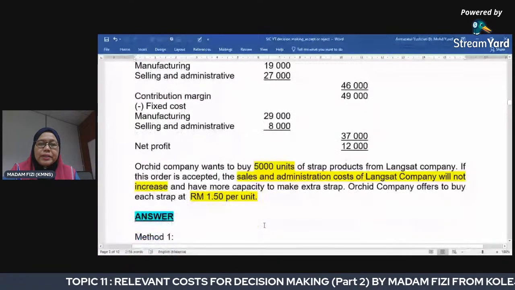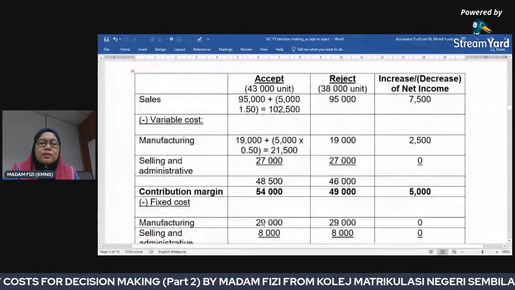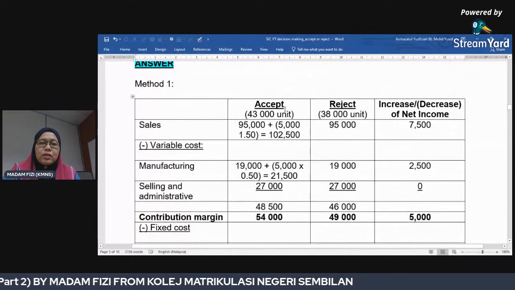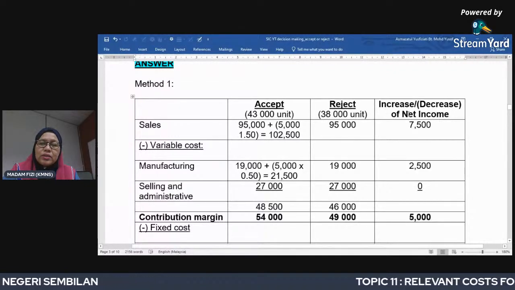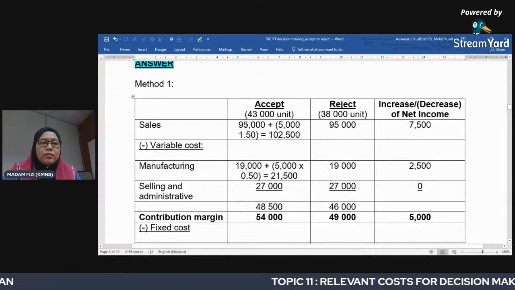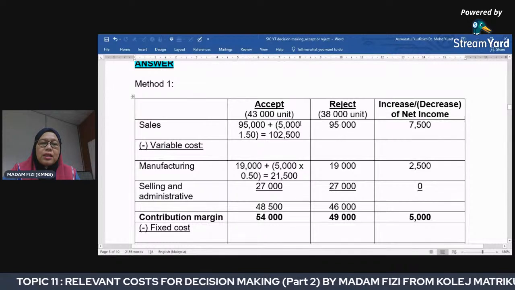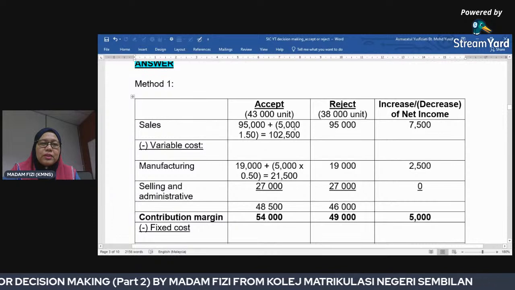Okay, for method 1, accept and reject. You make the column accept first and then the column of reject. And then last sekali increase or decrease or net income. For reject, the sales is 95,000, and for accept, you have to include the 5,000 special order.